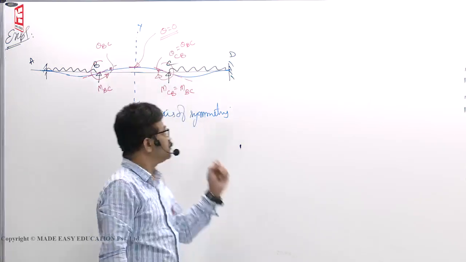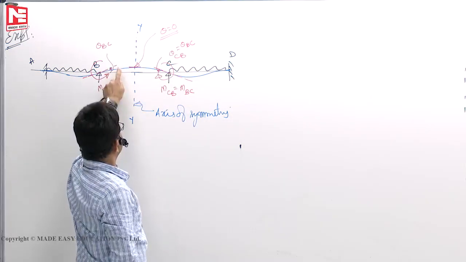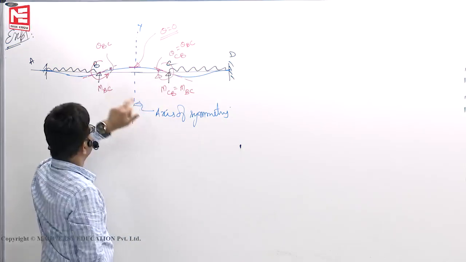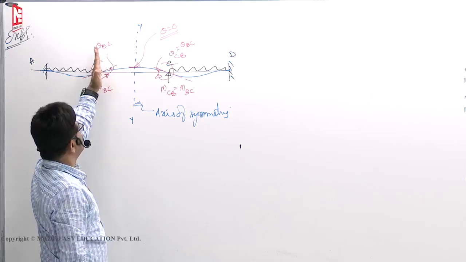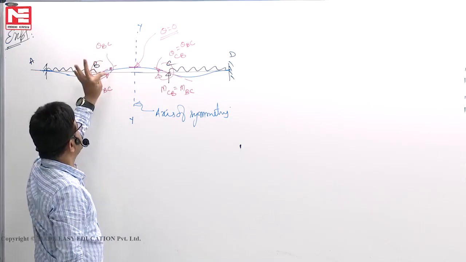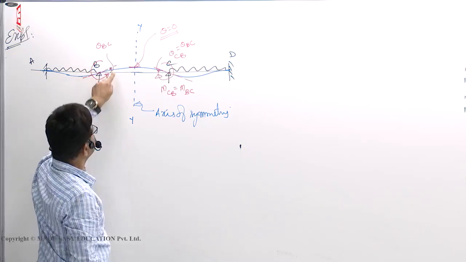Why should it be 0? If it is not 0, when I fold it like this, the profile will not sit on this one. Why will it not sit? Suppose this type of slope is there, with this as the axis of symmetry. Here it's going down, and on the other side it is going up.